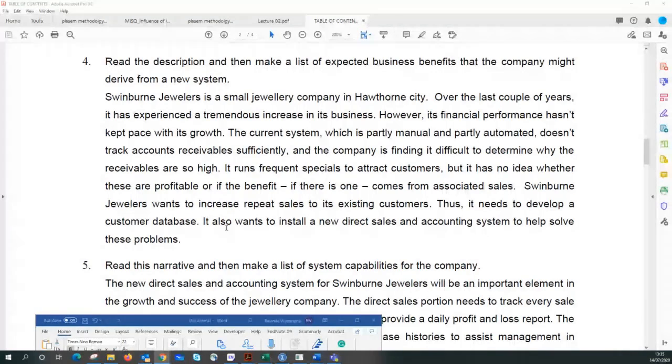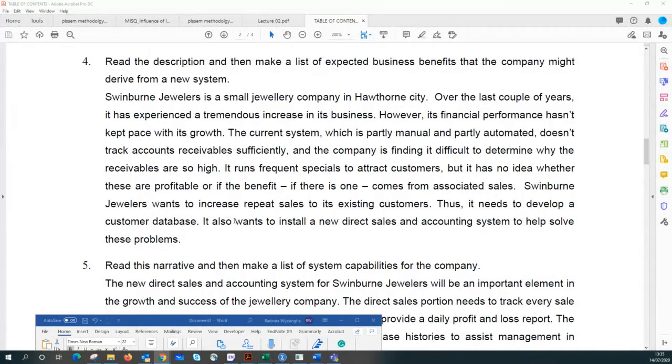So it also wants to install a new direct sales and accounting system to help solve these problems, right? So the main problem is to track the accounts receivable, isn't it?